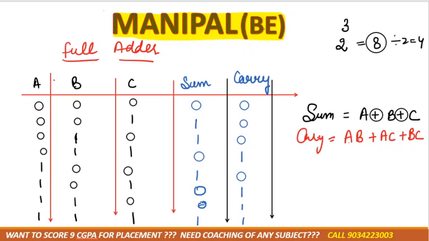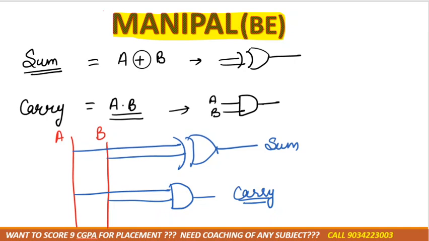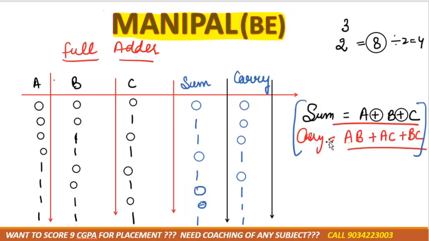So now what do you need to do? You have the expression, realize this expression by using logic gates. Similarly to what we have done for the half adder, we'll do it for the full adder. This expression came directly from the K-map.